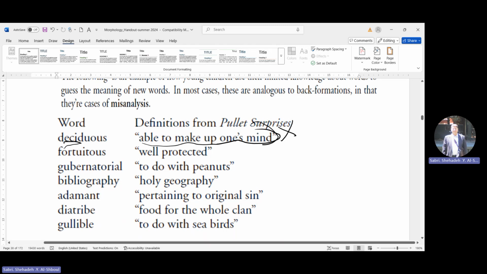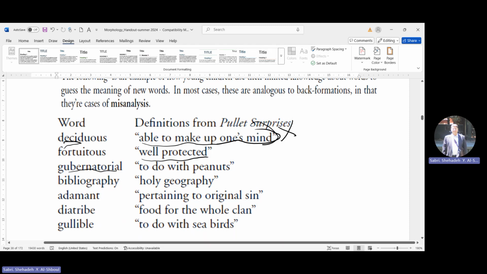The same applies to fortuitous. Fortuitous means by chance, simply speaking, but they thought by mistake that it means well protected. Then gubernatorial, which is related to the governor, as in a gubernatorial ceremony or meeting.